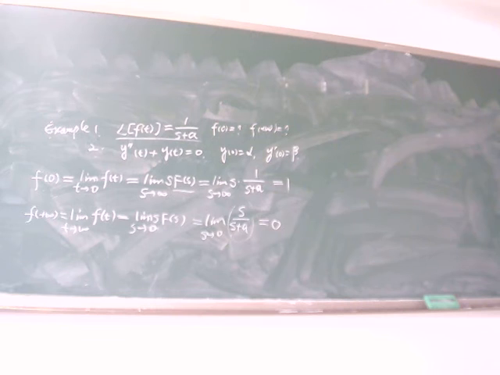The two parameters are equal to each other, and A is a constant number. As s tends to infinity, this part tends to 0. Now we get the result.